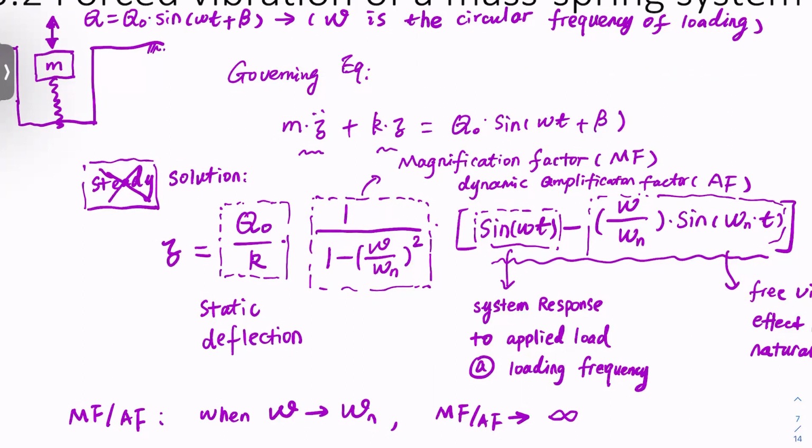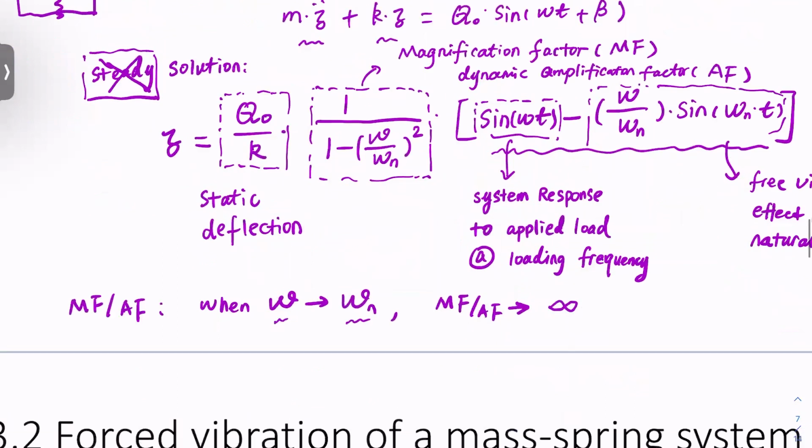Okay. And we talked about when this omega is approaching omega n, we're going to have an infinite magnification factor with time, and this is the case that we call a resonance condition.